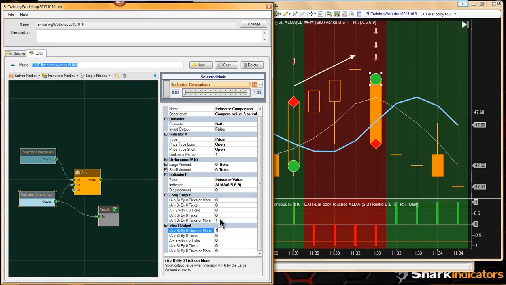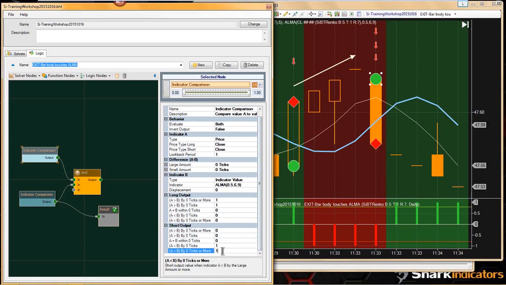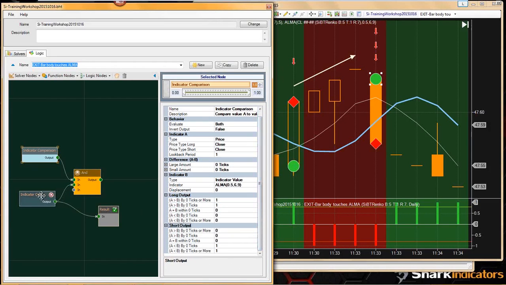That's usually how things end up when using the comparison solver. And if we look at the other comparison solver up on top here, same thing: our long outputs are on top and our short outputs are at the bottom. They're kind of mirrored across this gray bar.